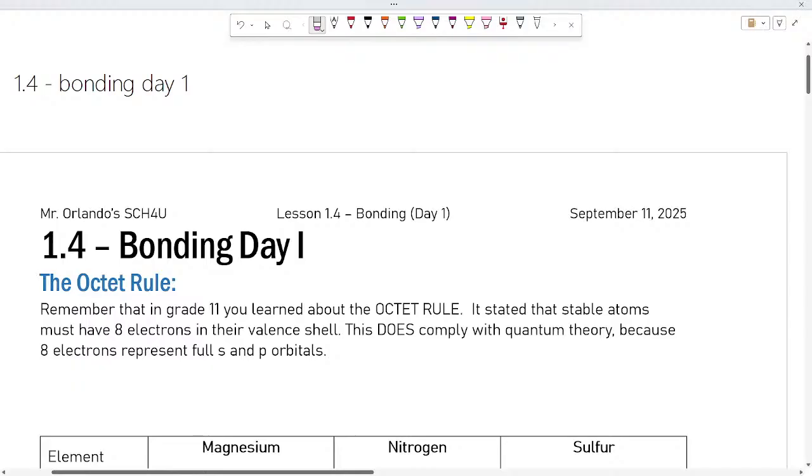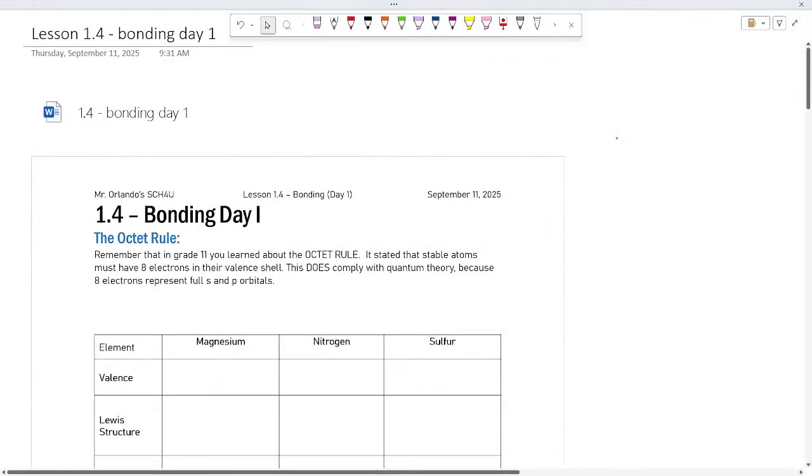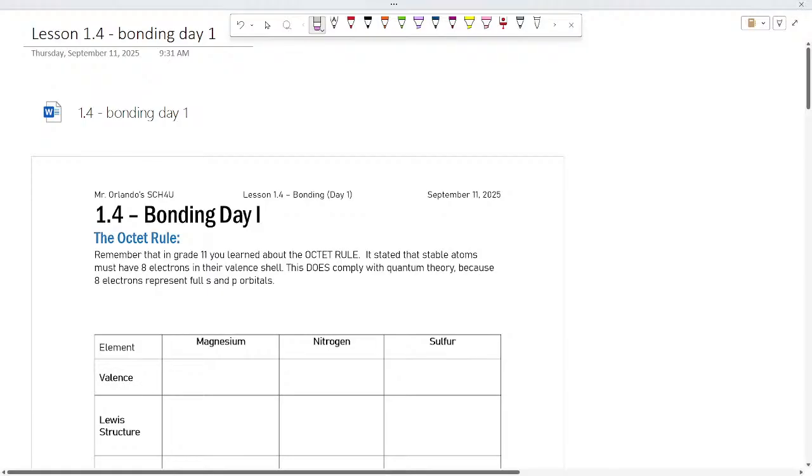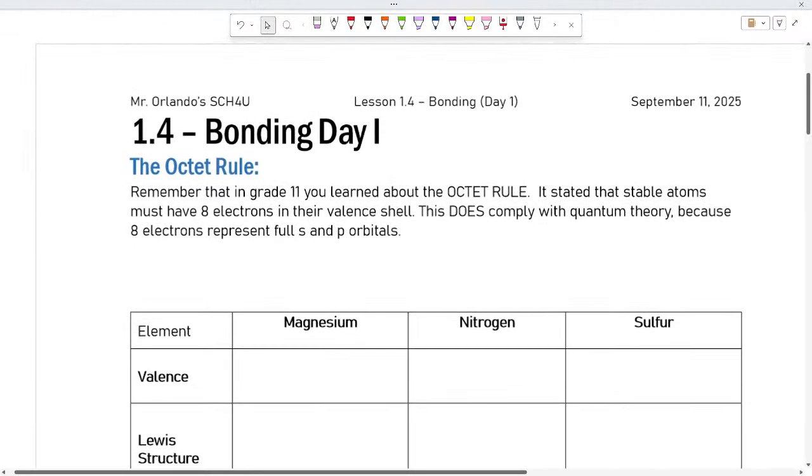The valence shell, the outermost shell, if you follow the Aufbau principle, 1s, then 2s2p, or 3s3p, right? If you follow that, what you see is that when we're filling in the valence shell, it typically doesn't include the d orbital. The d orbital is from the previous shell. Does that make sense? Which means that the octet rule is largely going to be true.